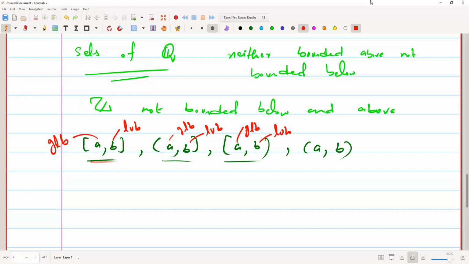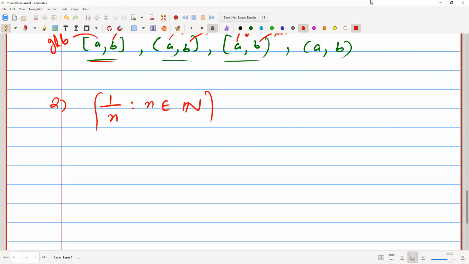For instance, we can check whether the set 1 over n, such that n belongs to the natural numbers, is bounded or not. So on the number line, what kind of numbers do we have? First of all, it's 1 over 1, then 1 over 2, then 1 over 3, 1 over 4, and so on.